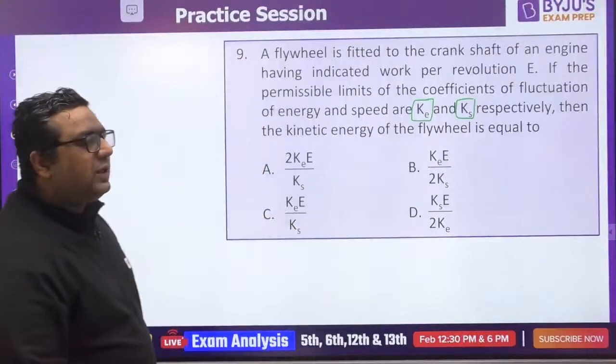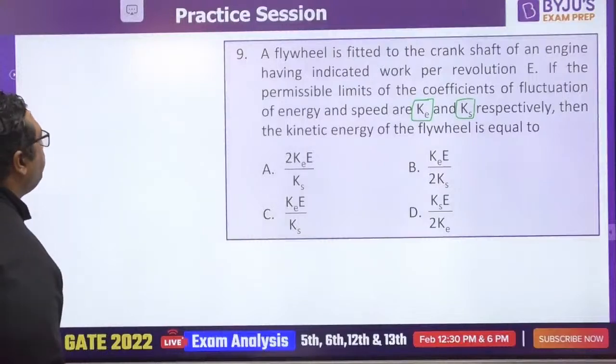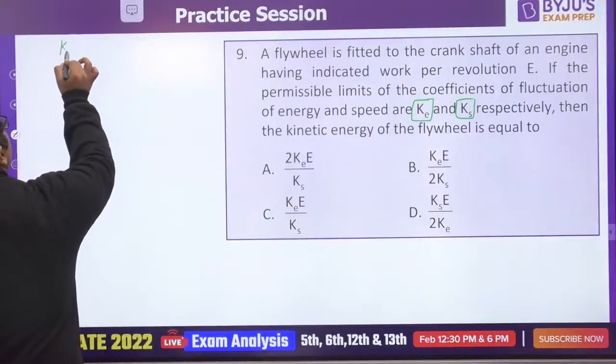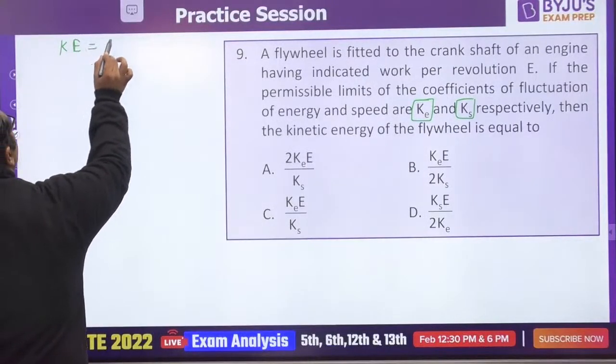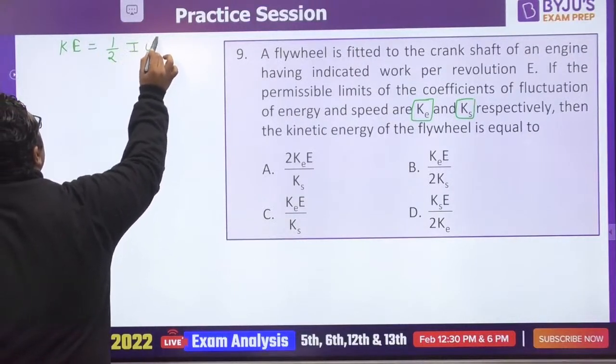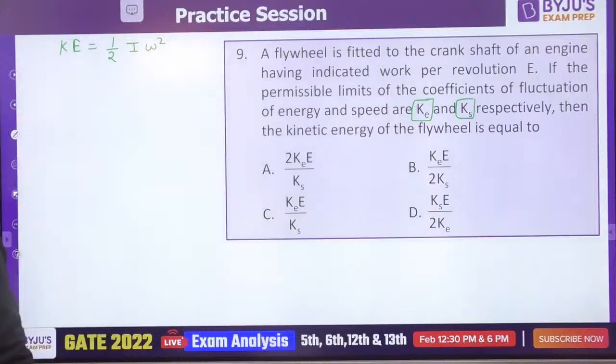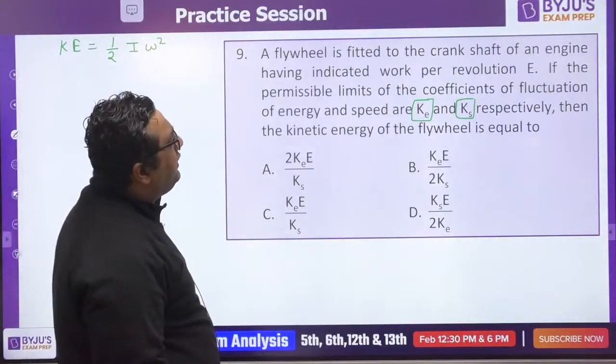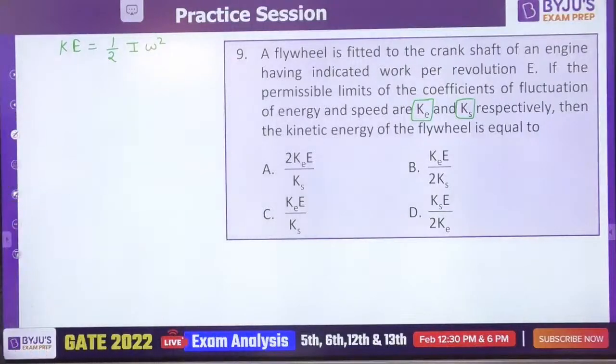You need to find the kinetic energy of the flywheel. You know kinetic energy of the flywheel is half I omega square.